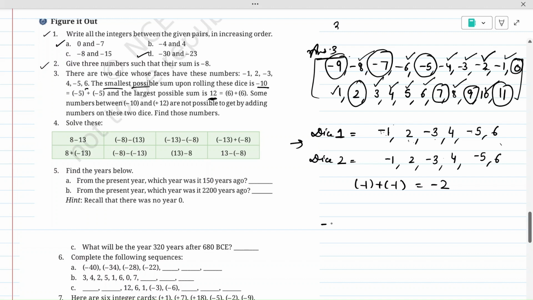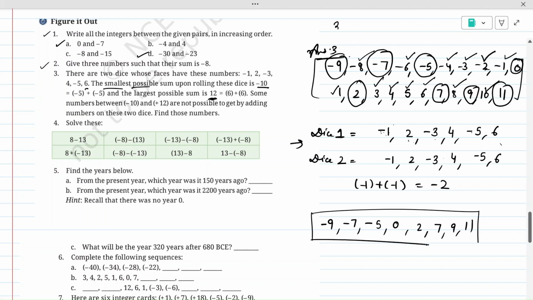I'm writing them here. Minus 9, minus 7, minus 5, 0, 2, 7, 9 and 11. These are the numbers which we didn't get while rolling these two dice. Okay. So this is how, kids, we have to do this question.